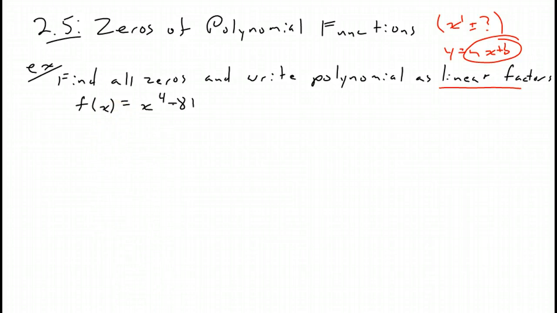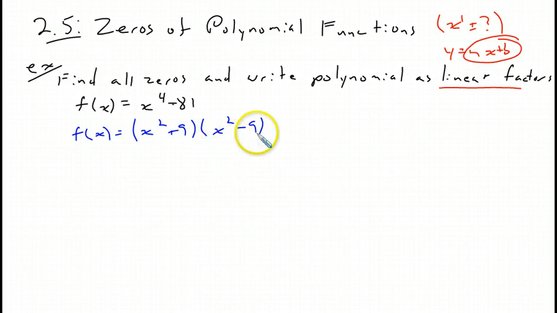So in looking at this, I notice that this is a perfect square, that's a perfect square. So already I have a difference of squares. So in order to factor this thing, I can say this is x squared plus 9 and x squared minus 9. This one is also a difference of squares. This one is not.